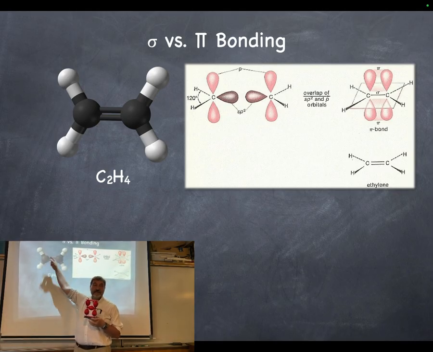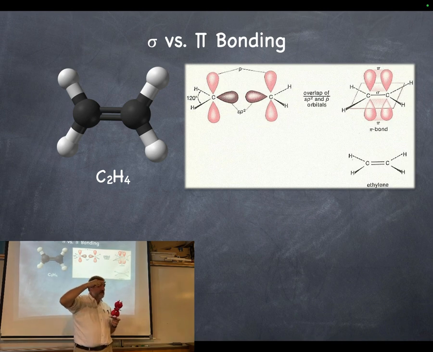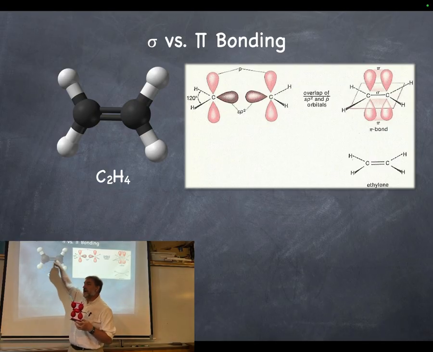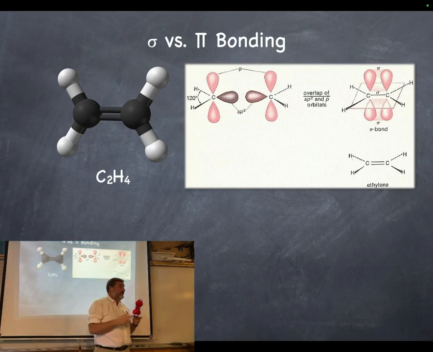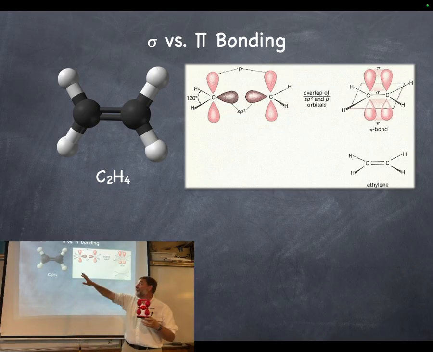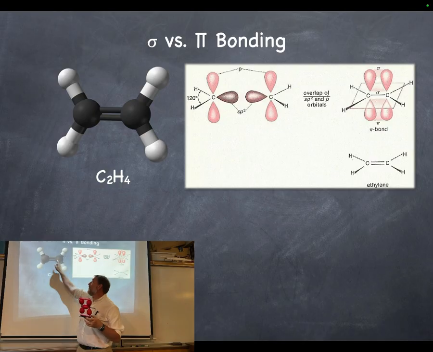A multiple bond has a single sigma and then one or maybe two pi bonds. So this is a sigma and that's a pi. And you're just counting. So we've got 1, 2, 3, 4, 5 sigma bonds and one pi bond.